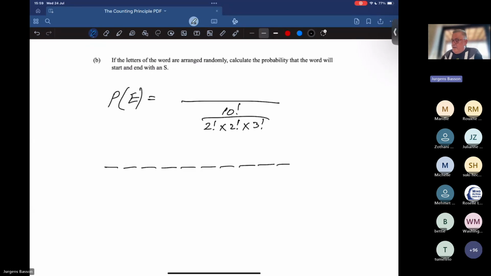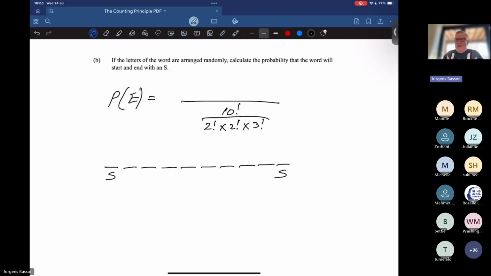Now they say the first one must be an S, and the last one must also be an S. Now, what many people like to do, or ask if you can do, they say this S, there's only one of them, and this S, only one. It is correct. One can do it that way.